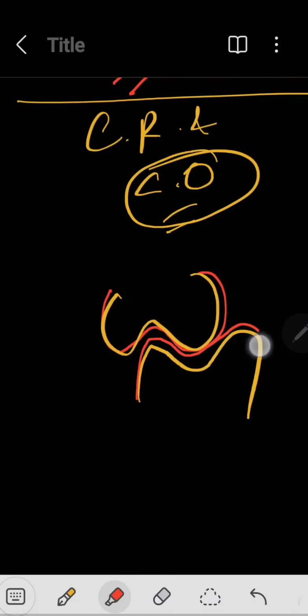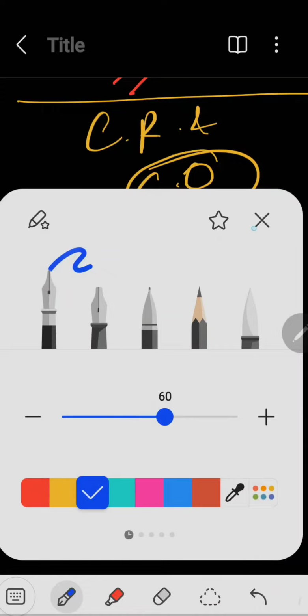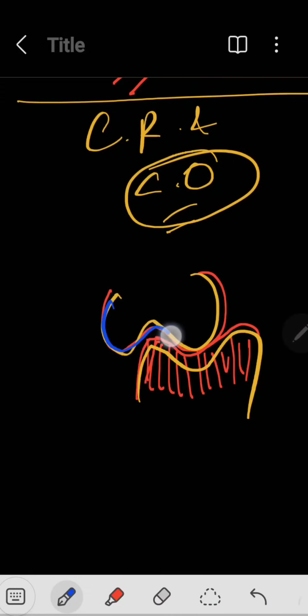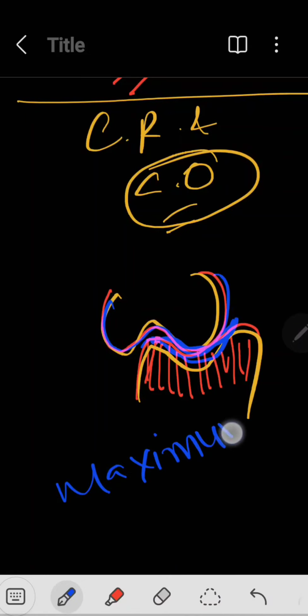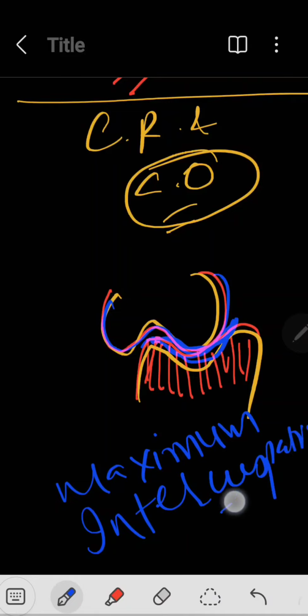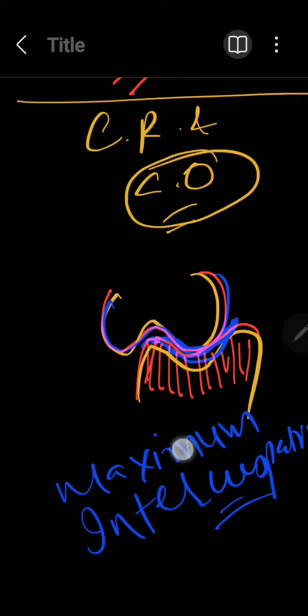When the teeth are in maximum intercuspation, that is the point. The centric occlusion is also called the intercuspal position.